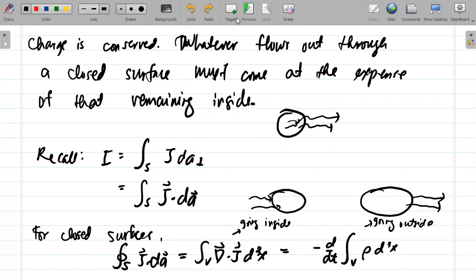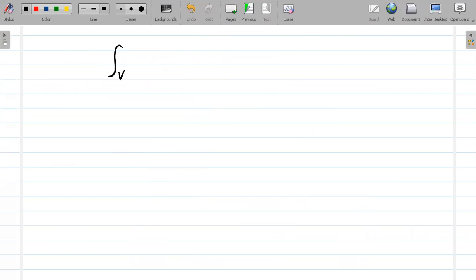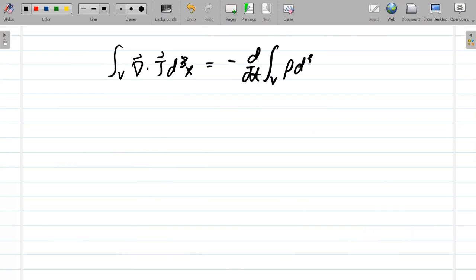So bale, let's rewrite that. Volume del dot J d cube x. That is equal to negative ano to? d dt ng rho d cube x. Plus yung differential natin d cube x, di ba?